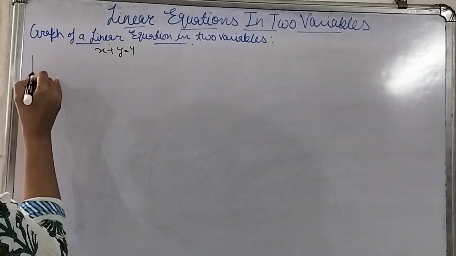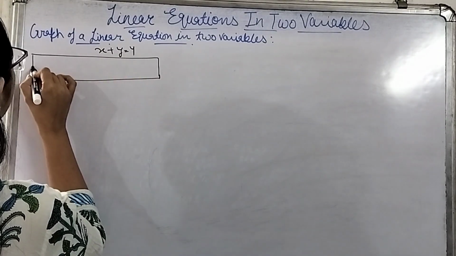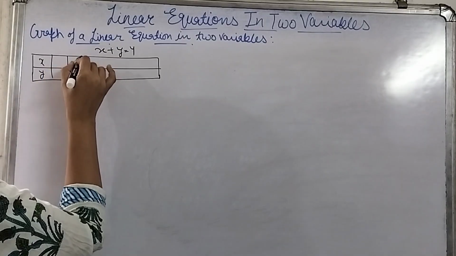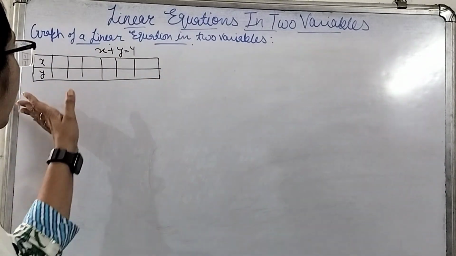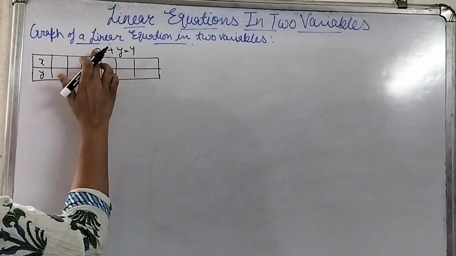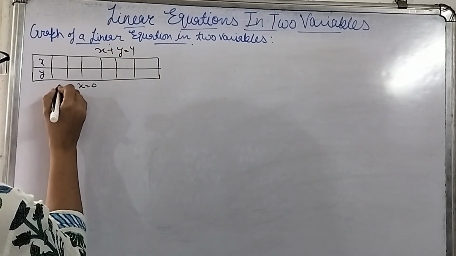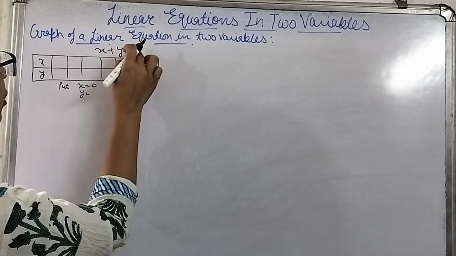Over here, if I keep x equal to 0 in this equation, the value of y will be 4.